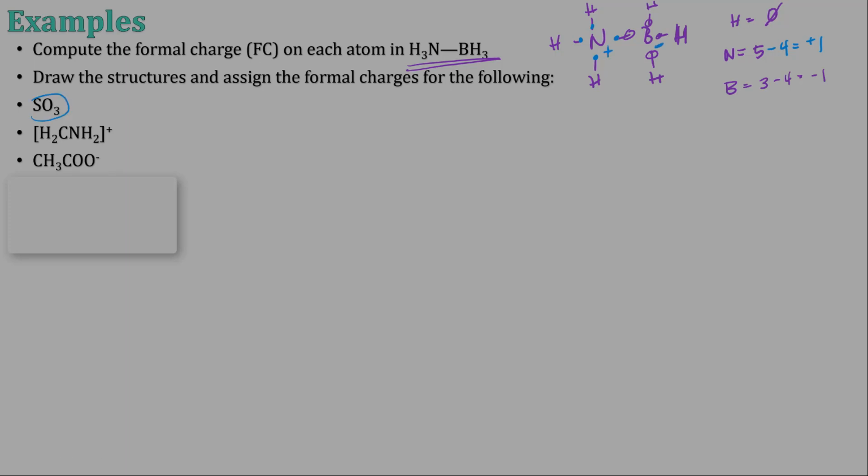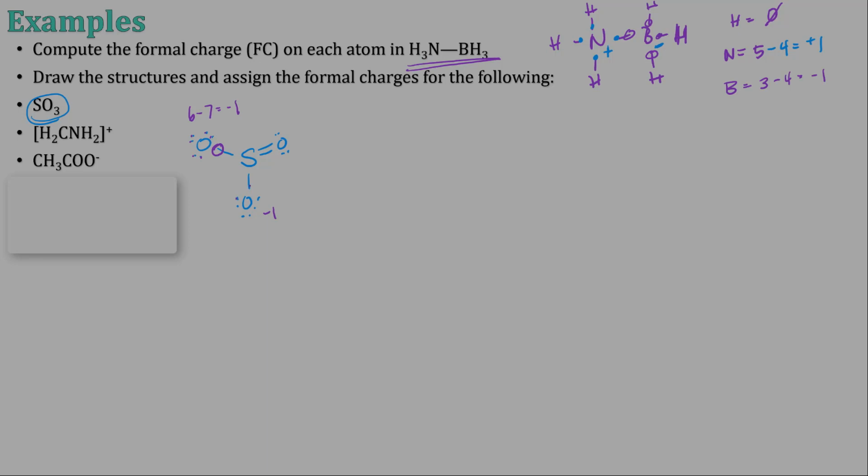So now if I draw structures for SO3, we already drew it once. We drew this. And if I'm going to assign formal charges to it, the oxygen should have 6. But here we've got 1, 2, 3, 4, 5, 6, and then half the bond, 7. Same thing would be happening with this oxygen on the bottom.